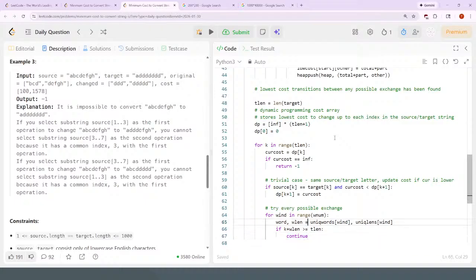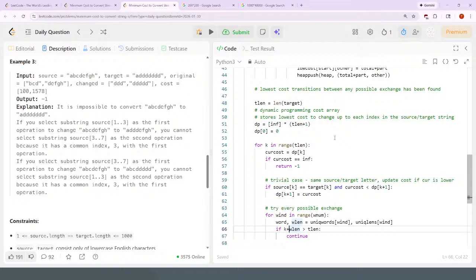So if k is 0, word length is 1, source and target length are 1, 0 plus 1 is 1. 0 plus 2 is 2, 2 is greater than 1.